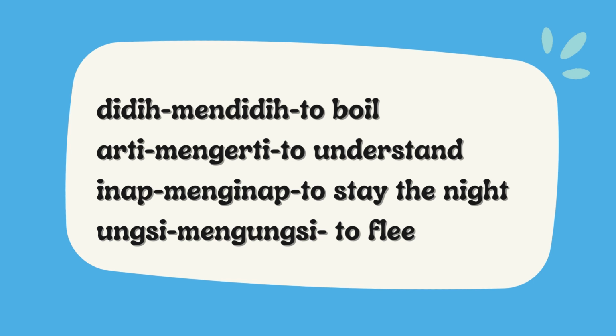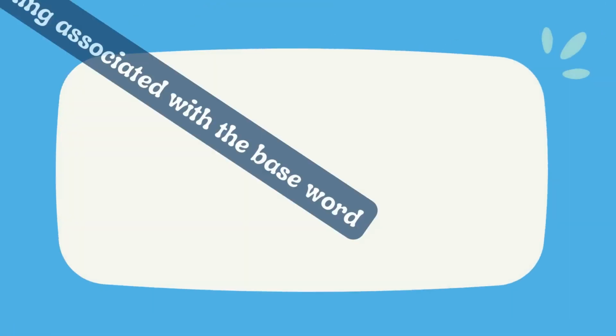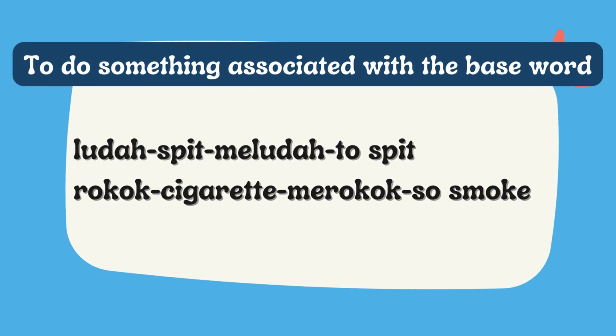Arti, mengerti: to understand. Inap, menginap: to stay the night. Ungsi, mengungsi: to flee. To do something associated with the base word: Ludah, spit: meludah, to spit. Rokok, cigarettes: merokok, to smoke.